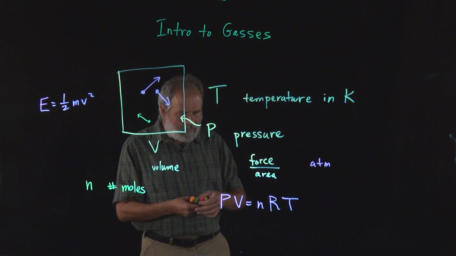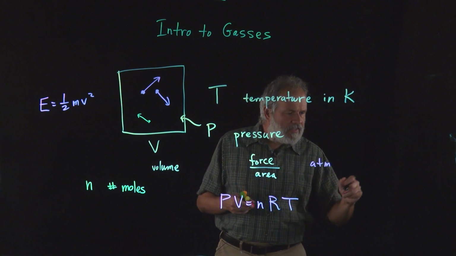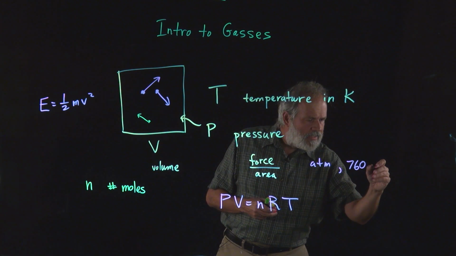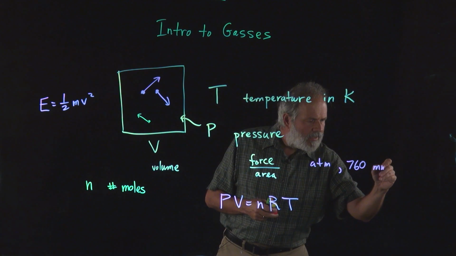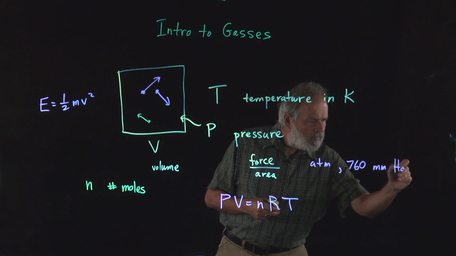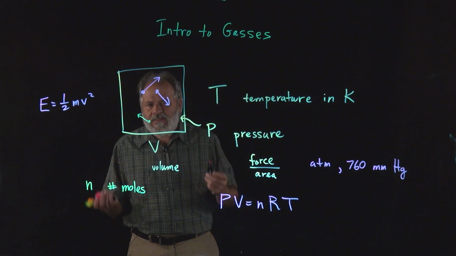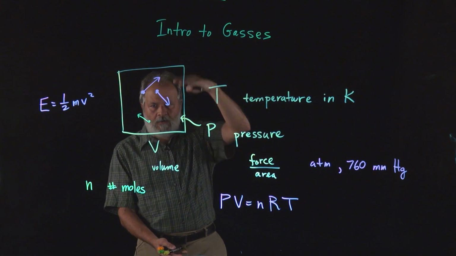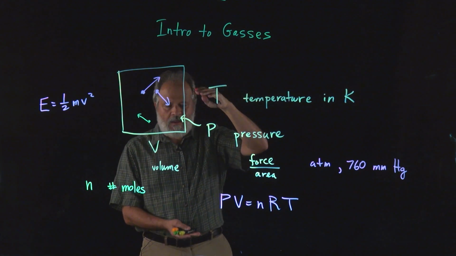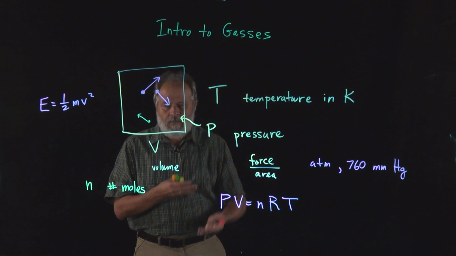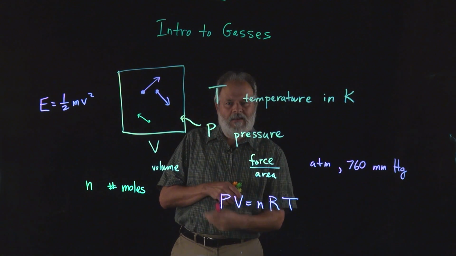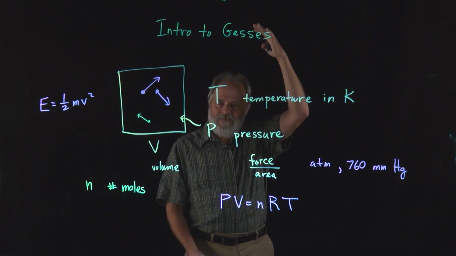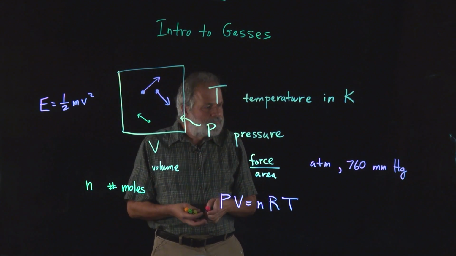And that is defined as being the pressure exerted by a column of mercury that is 760 millimeters high. So that's about 30 inches tall. If you take some mercury and put it in a column 30 inches tall, the pressure at the bottom of that column is equal to the pressure of all the air several miles tall on top of you.